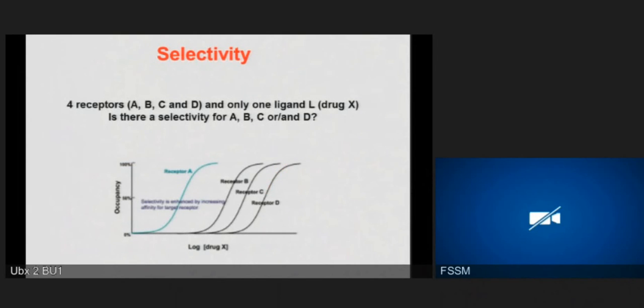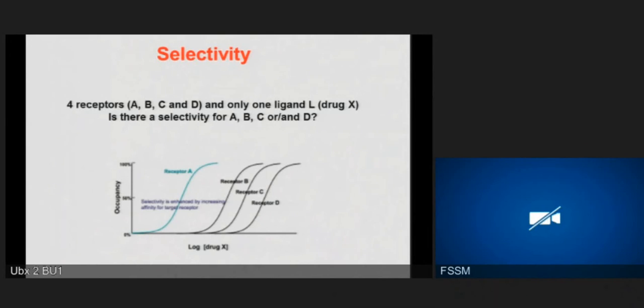So you see again in this slide named selectivity, we will discuss selectivity, but on the graph you can see that the representation is the log of the drug, so you have sigmoid. And this is especially interesting here because we will think about the distinct behavior or binding capability of one ligand on different receptors.